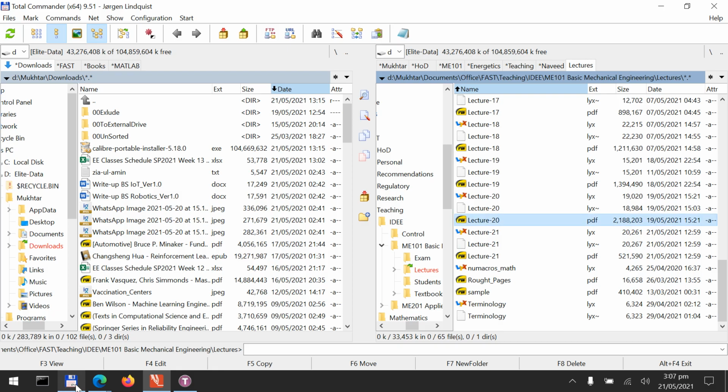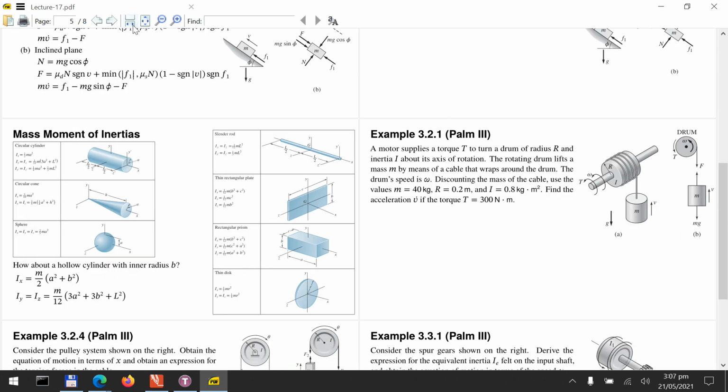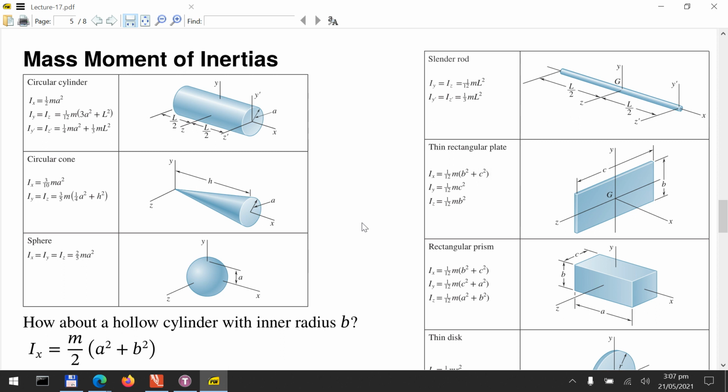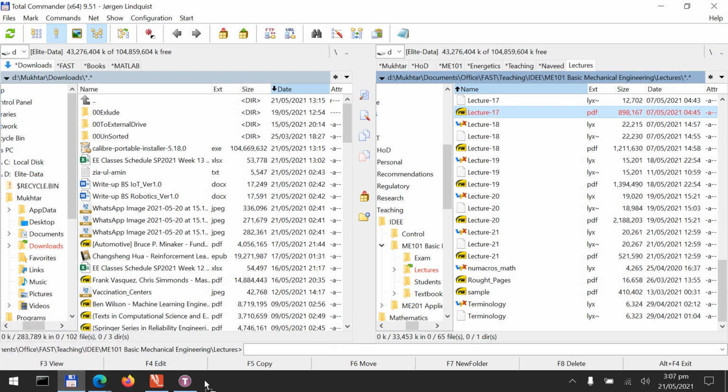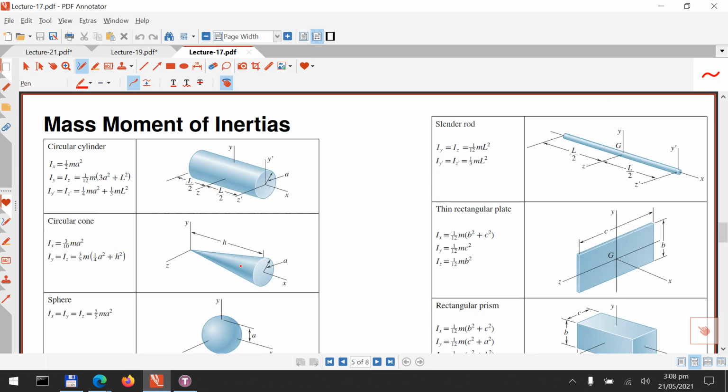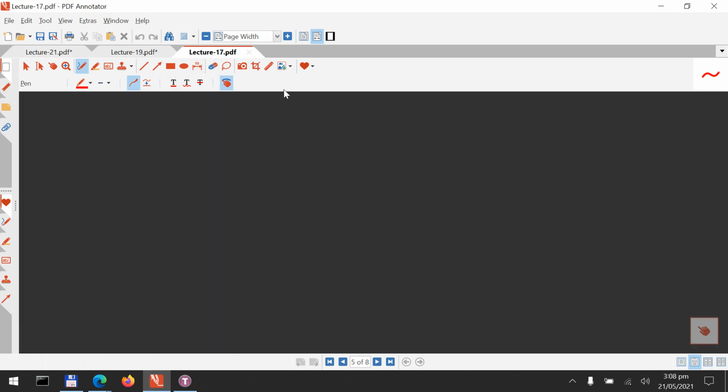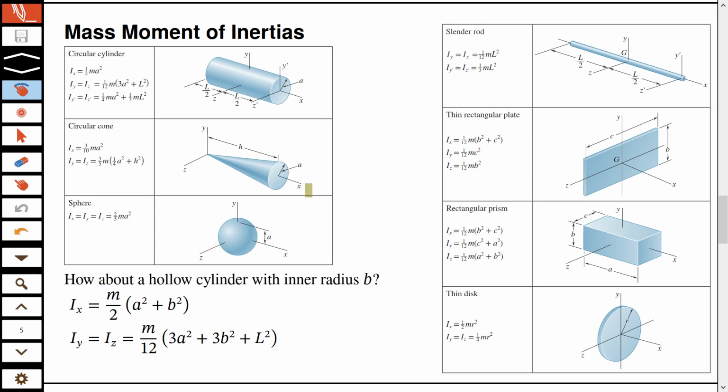If I go with this table, this disk can be modeled as cylindrical, so there are two cylindrical shapes, this one and this one, and this one as well.